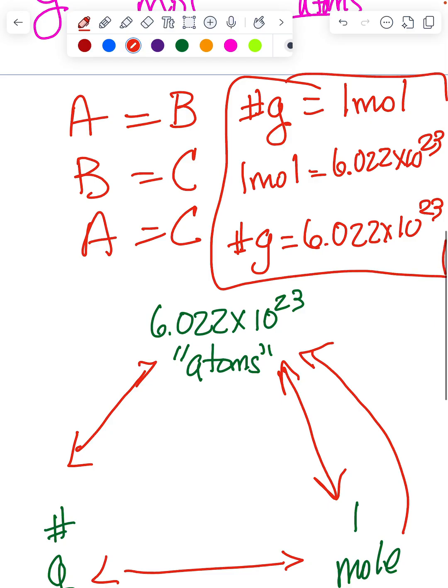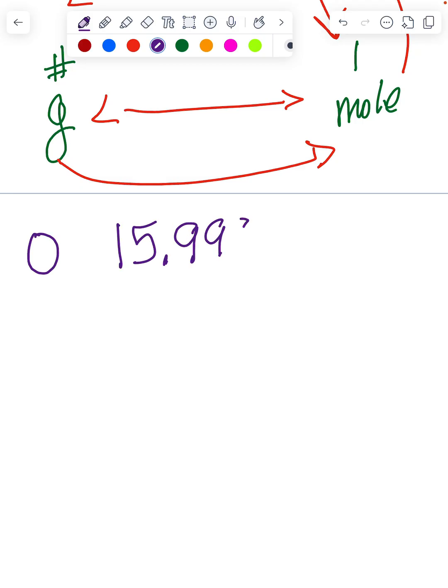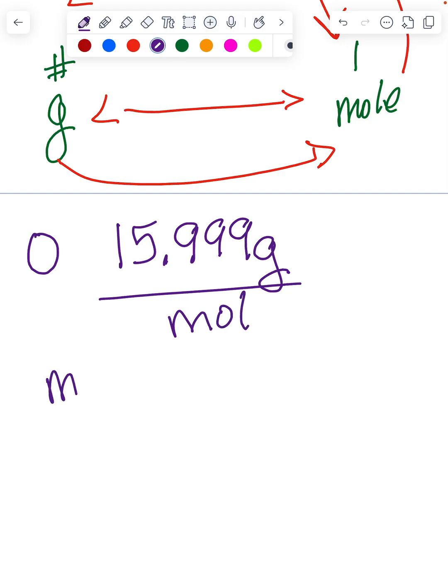And by the way, a little vocabulary thing for you. If you go look up a mass of an atom, like oxygen is 15.999. The proper label for this is grams per mole. And we call this the molar mass.